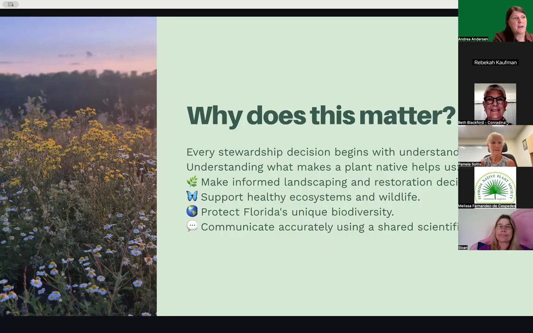Working with a team of collaborators, she helped to develop a framework of angiosperm phylogeny, which is the evolutionary relationship among flowering plants, and contributed to a classification system that is now used by botanists around the world.